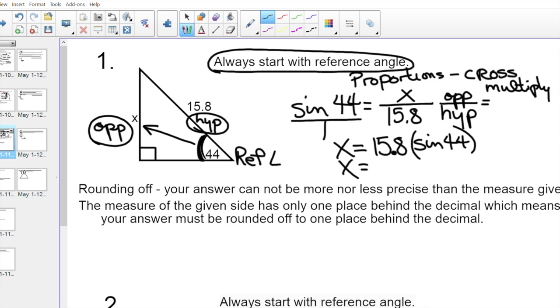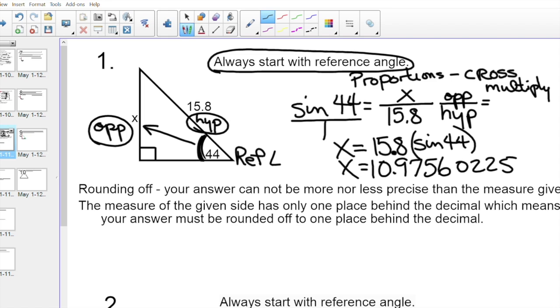My calculator says it's 10.97560225. Now I put all of that for a purpose.